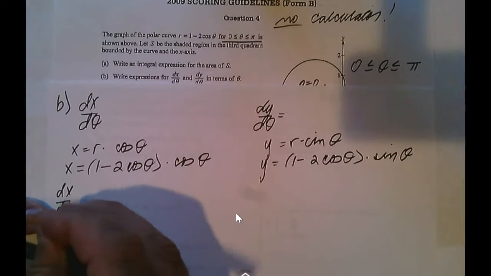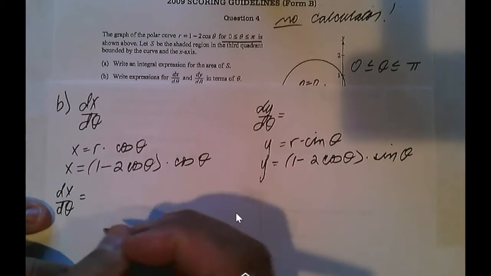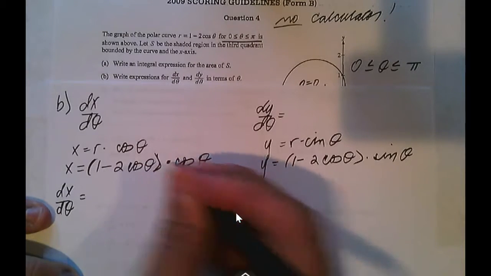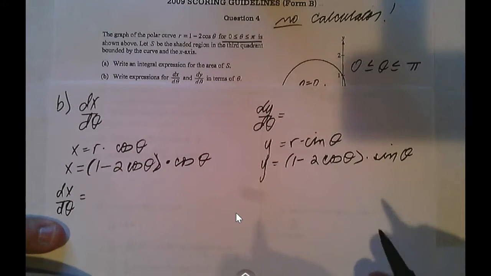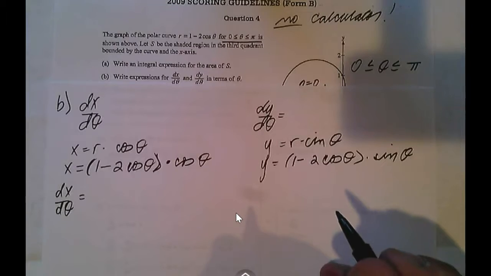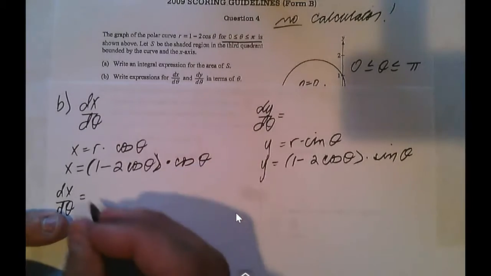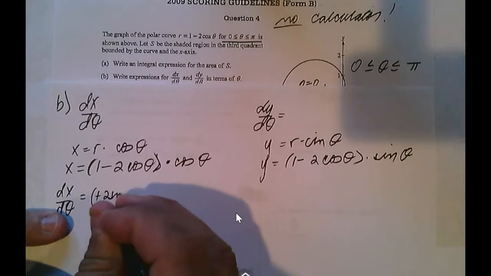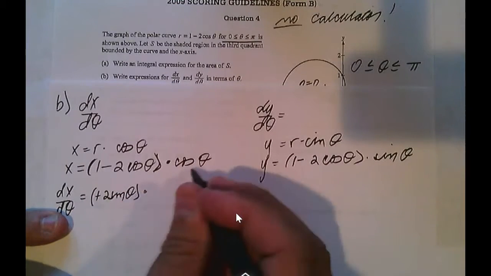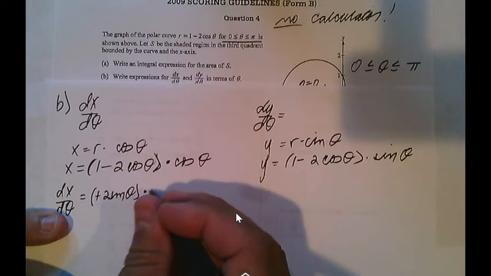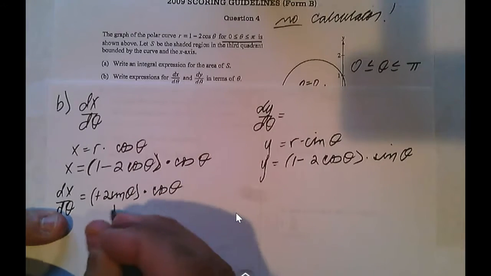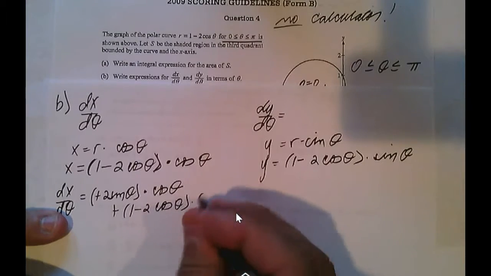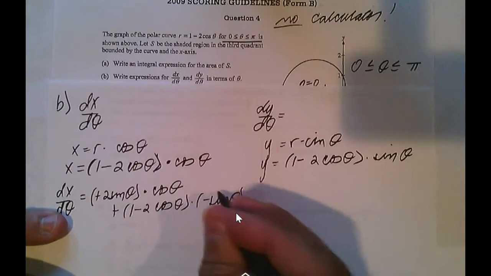Dx d theta just means go take a derivative. I have 1 minus 2 cosine theta times cosine theta. For students in a Calculus BC class, I would assume that this is pretty straightforward. Take the derivative of the first, that'll be positive 2 sine theta, so derivative of the first times the second, plus now you leave the first alone, times the derivative of the second.